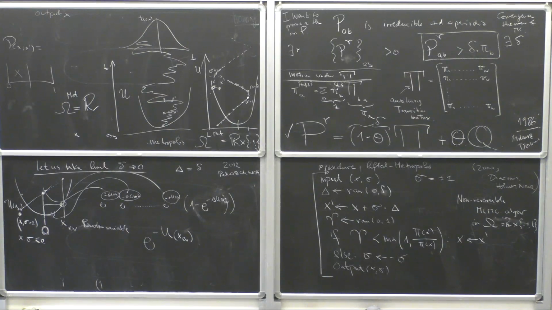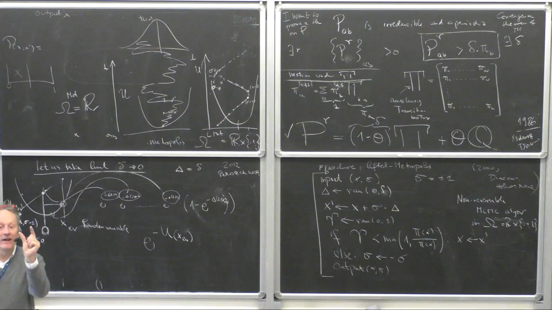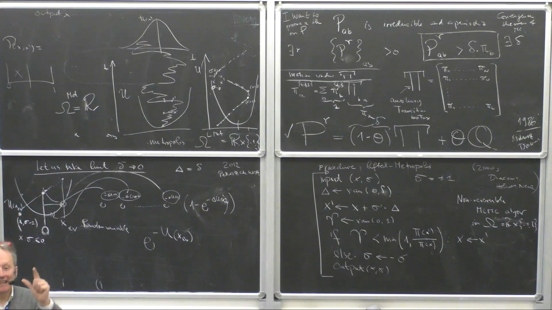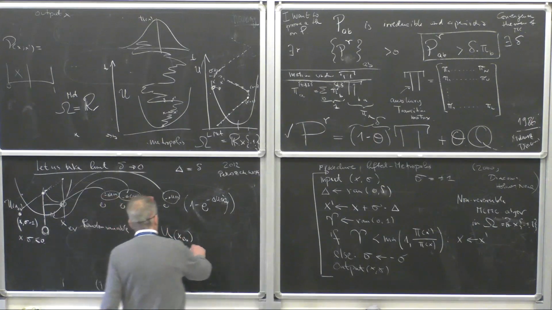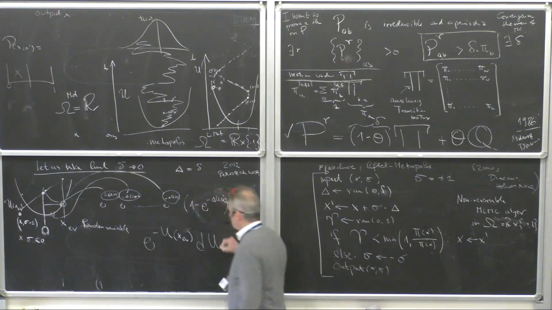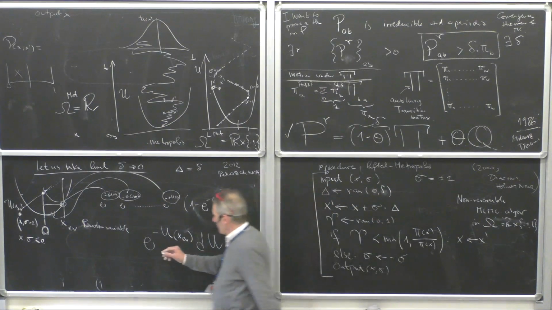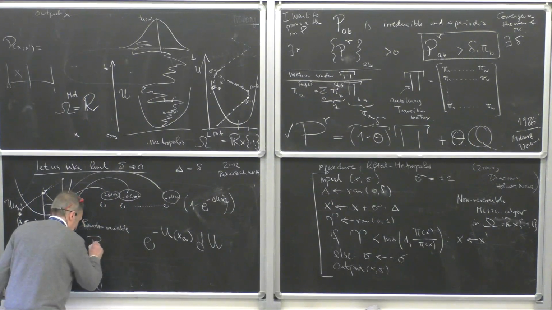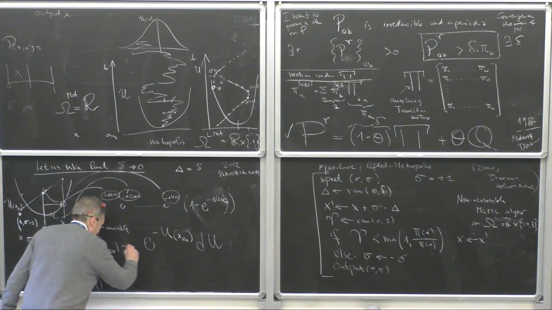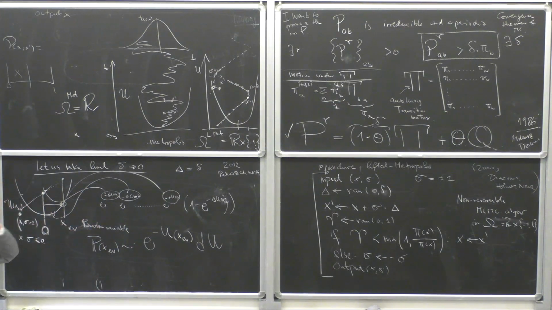Delta u is du. That's what it is, not dx, it's du, okay? So the probability to stop at x event is e to the minus u of x event du.